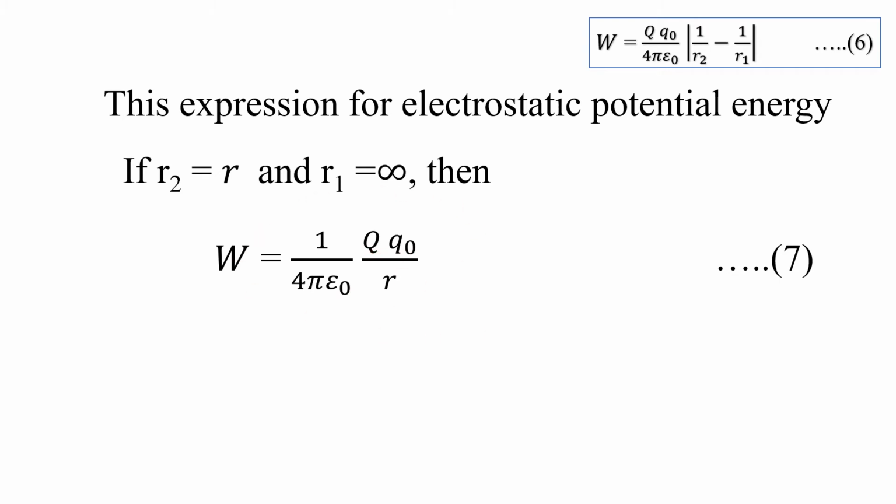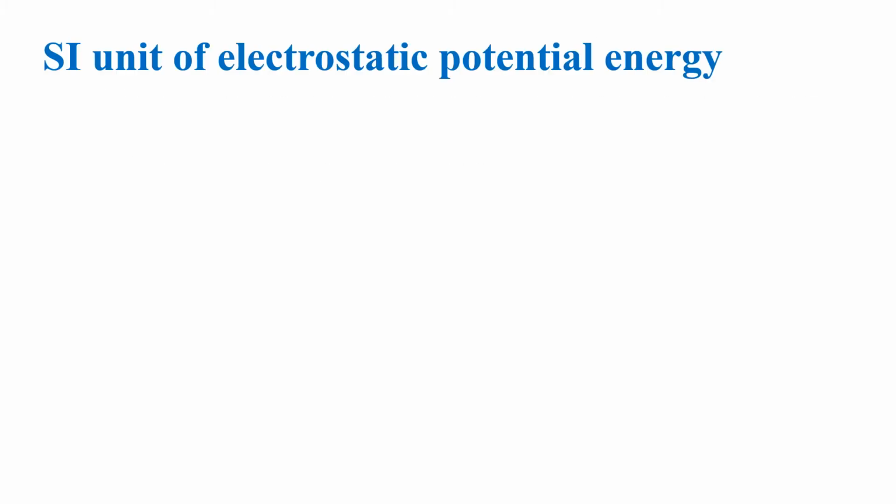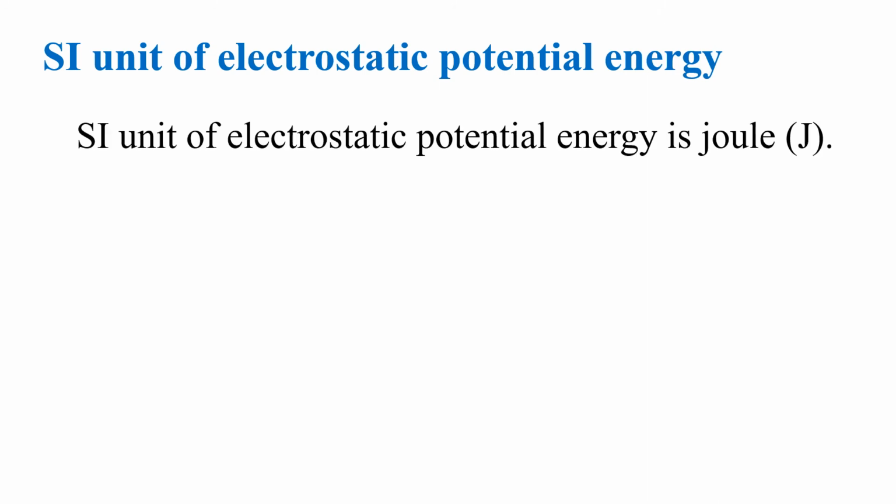Now remember this equation number 7, because this equation is useful while obtaining the expression for electric potential. In the next slide we will see the unit of electrostatic potential energy. As we know, the unit of energy is joule. So for electrostatic potential energy, its unit is also joule. But joule is a big unit in the case of electrostatic potential energy.